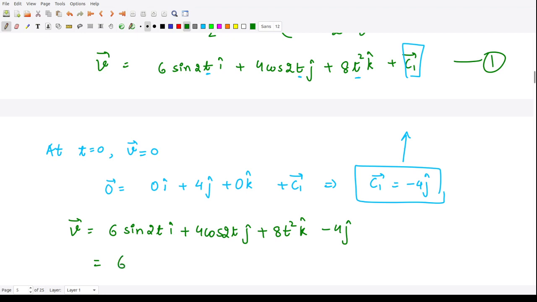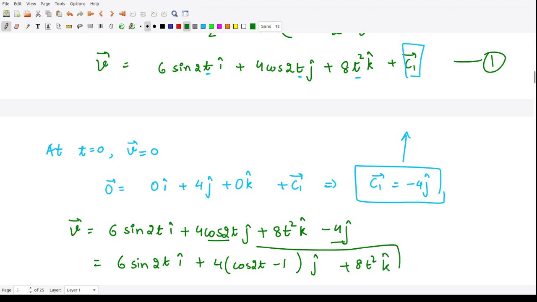So basically it becomes 6 sin 2t I cap plus 4, which could be taken outside, and this j cap could also be taken outside from these two terms. So it would be cos 2t minus 1, and plus 8 t square k cap. So this is your velocity vector that you intended to compute.